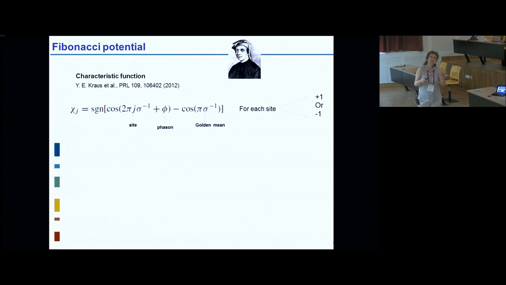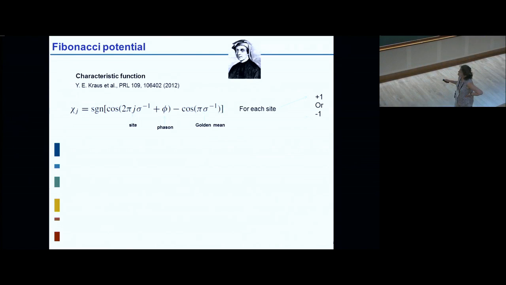So here we are going to use a different method, which has actually been proposed quite recently by Israeli young and very brilliant scientists. I will talk about them again later. They proposed this way of generating a Fibonacci sequence. Here you take the sign of this formula. Here sigma is the golden mean. j is the number of the sites you will consider.